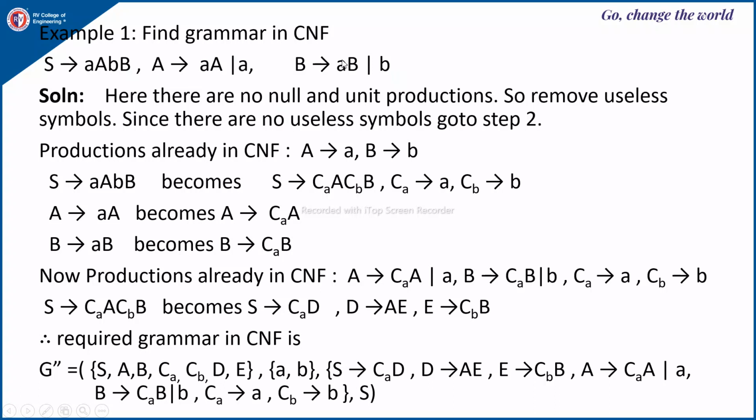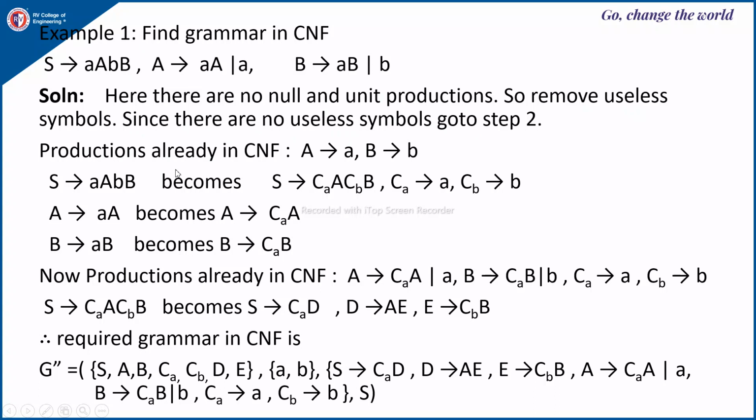You can observe there is no null production, that is, some variable deriving epsilon, and also there is no unit production, that is, A derives a single variable on the RHS. So you go on to check whether there are any useless symbols or useless productions. Again here there are no useless symbols, so you go to step 2.